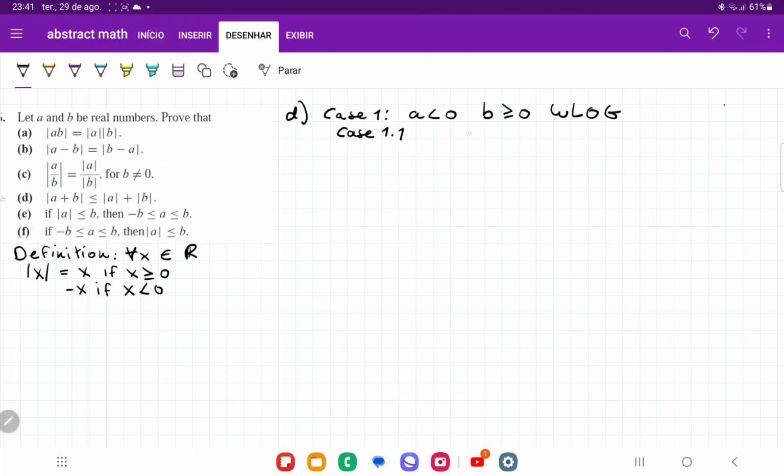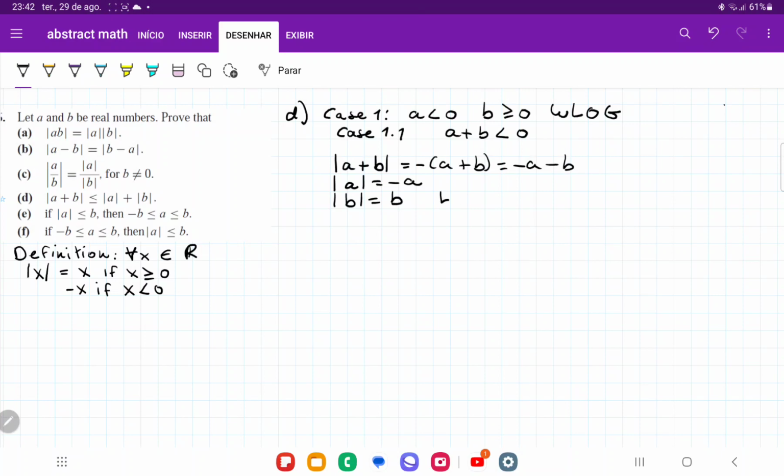So we're going to have case 1.1, a subcase where the sum A plus B is negative. In this subcase, the absolute value of A plus B, because it's negative, is just minus A plus B, which is minus A minus B. Then the absolute value of A is equal to minus A because it's negative, and the absolute value of B is equal to B because it's positive.